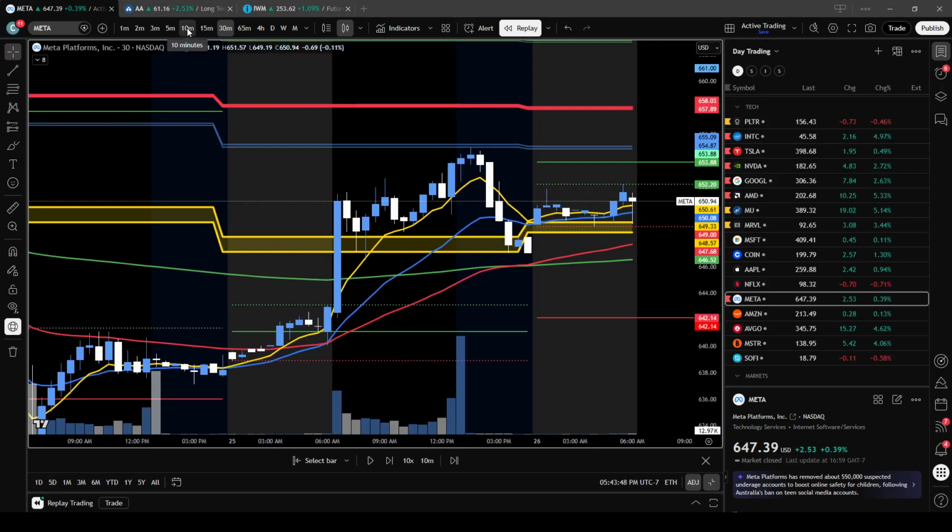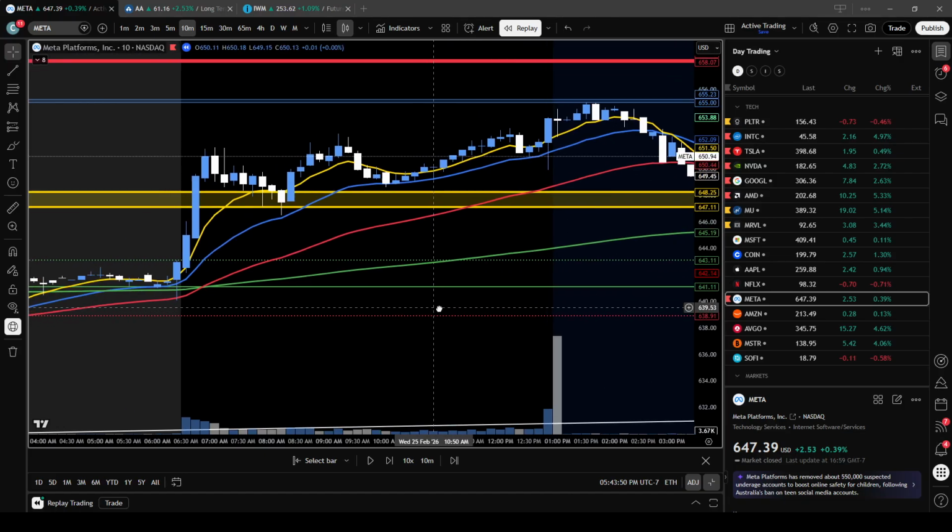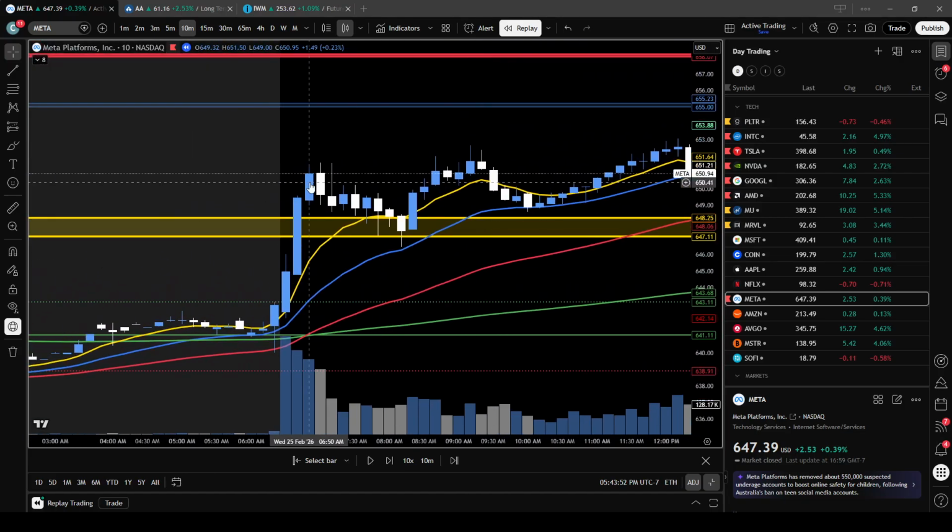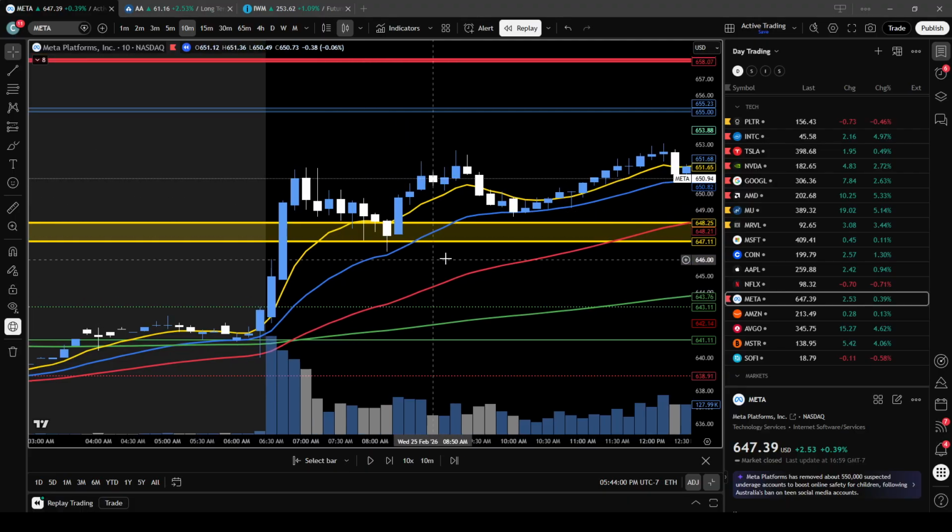And then if you look at this, it looks the exact same as Amazon. Super nice clean price action, get that big impulse move, comes down, taps a 20 EMA, gets bought up, boom. This is exactly what you want to see when you're trading 30-minute flags.